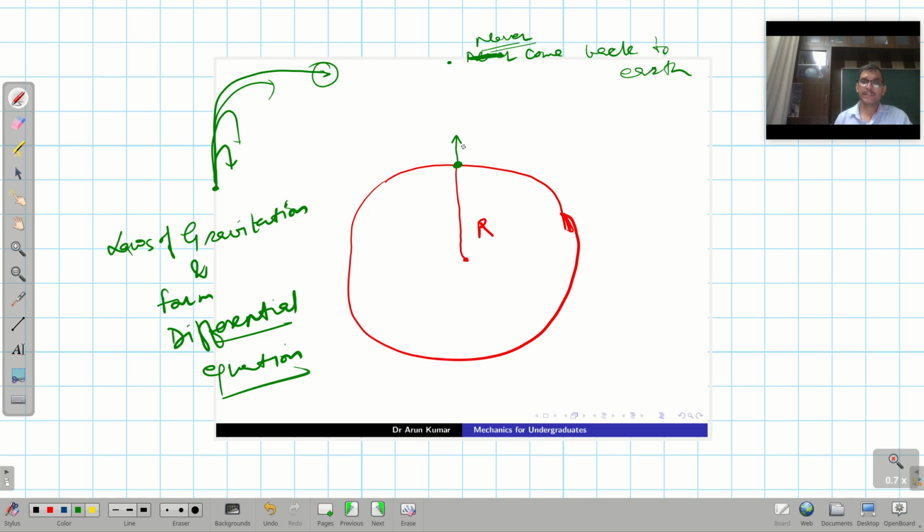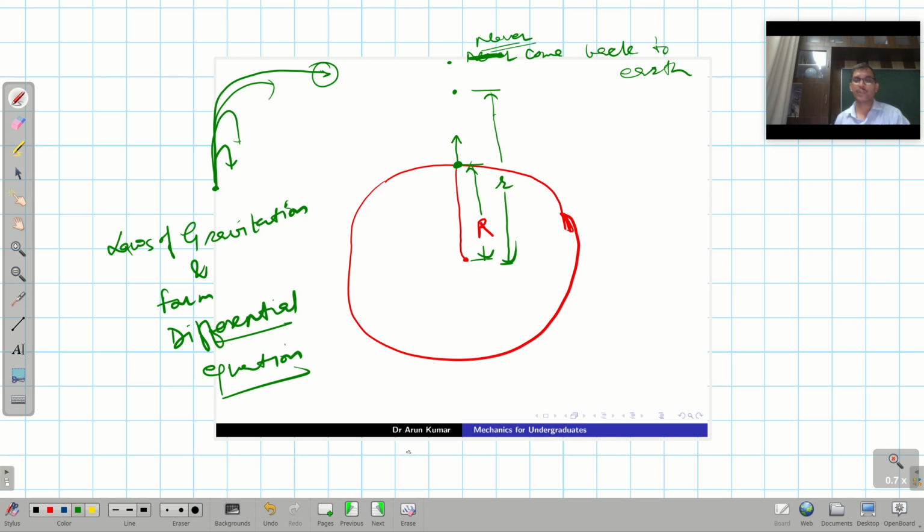So say when the object is thrown, at any time it is at this point, and say this distance is small r, and capital R is basically the radius of earth, right?